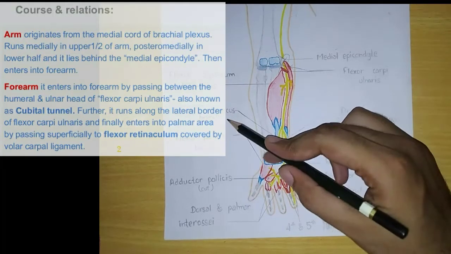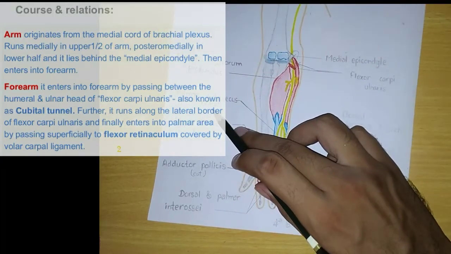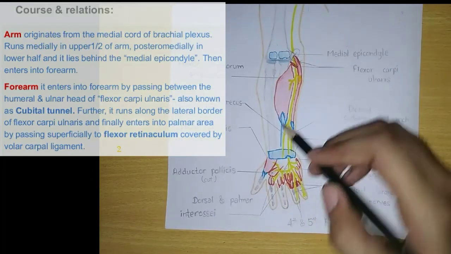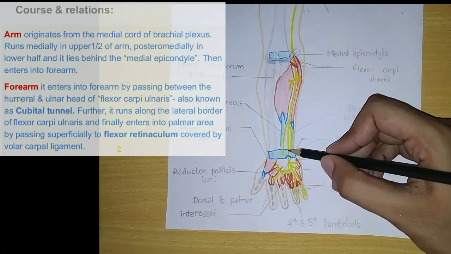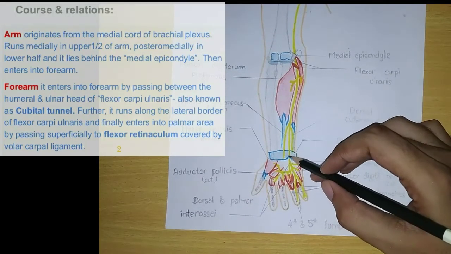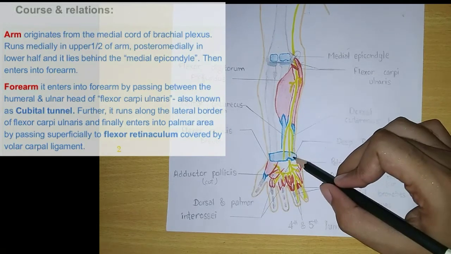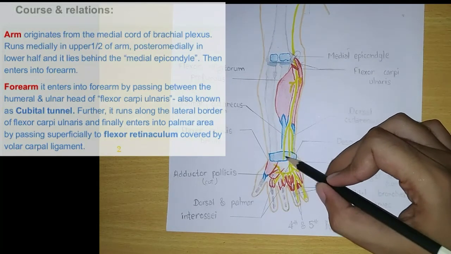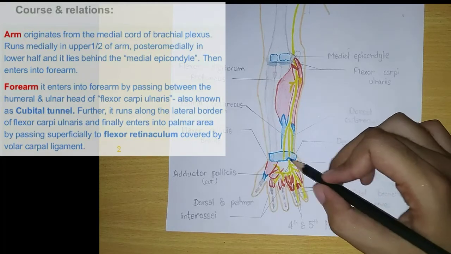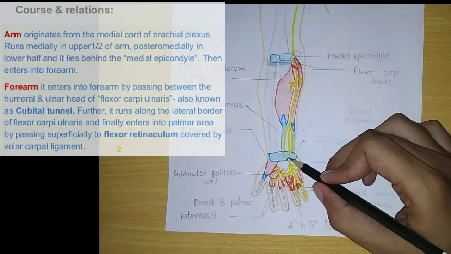One is the palmar cutaneous branch, and the second one is dorsal cutaneous branch. Then it goes downwards. It passes superficially to the flexor retinaculum and just covered by volar carpal ligament. So this is volar carpal ligament.